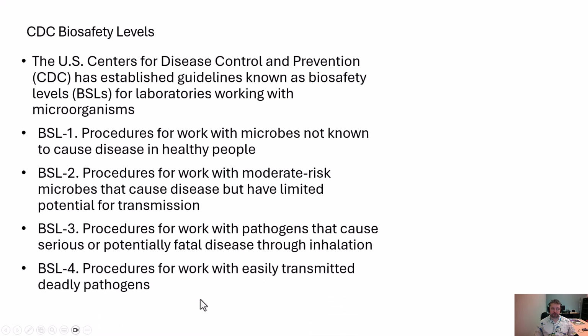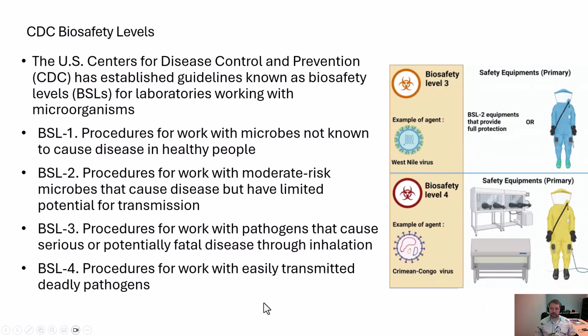And of course, biosafety level 4 is even one step above that. These are the organisms that are typically transmitted and result in fatality or virulence in the organism that is transmitted to. So they're deadly pathogens.